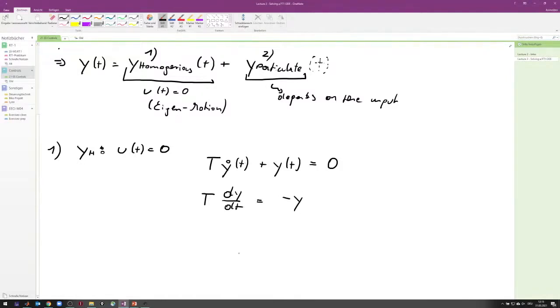Okay, so if we do a little bit of rewriting, we will get, let me think, 1 over dt is equal to minus 1 over t times y over dy, right? So I basically multiplied by dy. Now there's somewhere an error there.